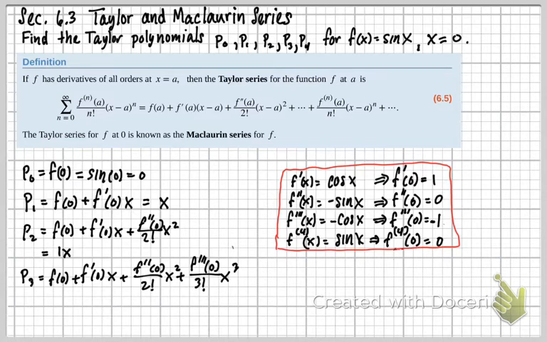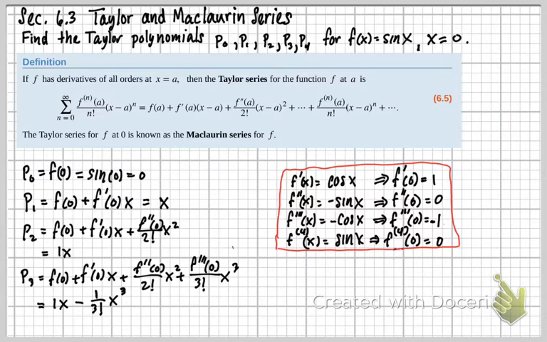So when I simplify this, this gives me 1x plus, remember this is 0, that's 0, and then that's going to end up being minus 1 over 3 factorial x cubed.